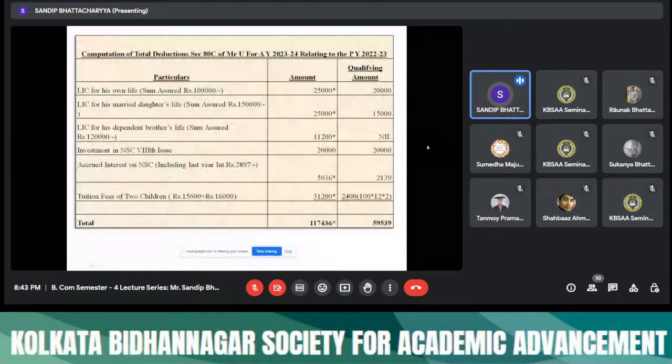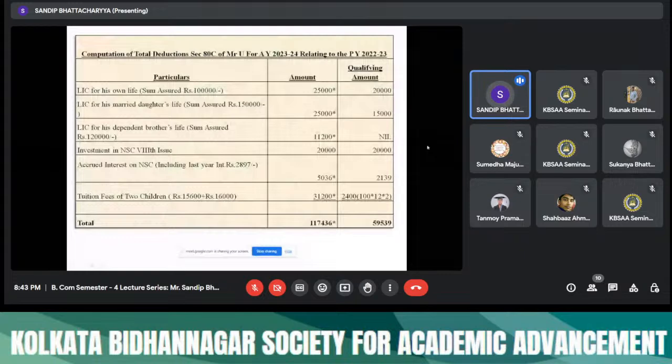I repeat this once again. If you pay a policy premium for your dependent brother or dependent sister, no income tax deduction will be there. So we will not get any qualifying limit. I have paid, yes, but you will not get any deduction, as the Income Tax Act 1961 does not support it.